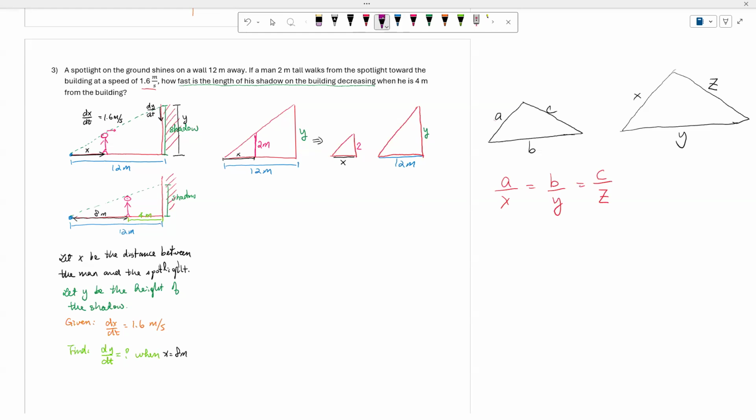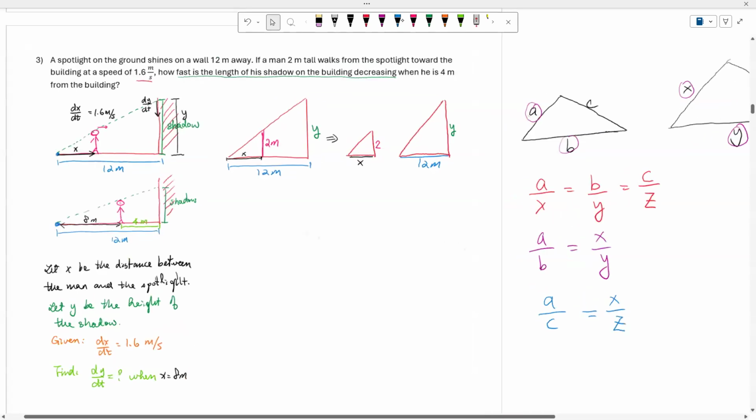Or I could make it A to B is equal to X to Y. Or, again, A to C, then it will be X to Z. Something like this. Then let's see how we work this out.